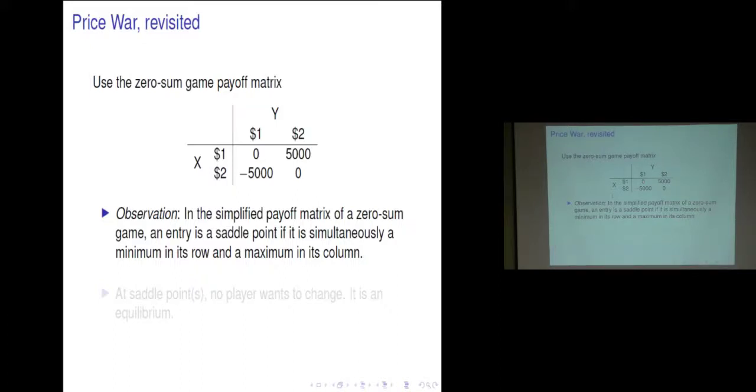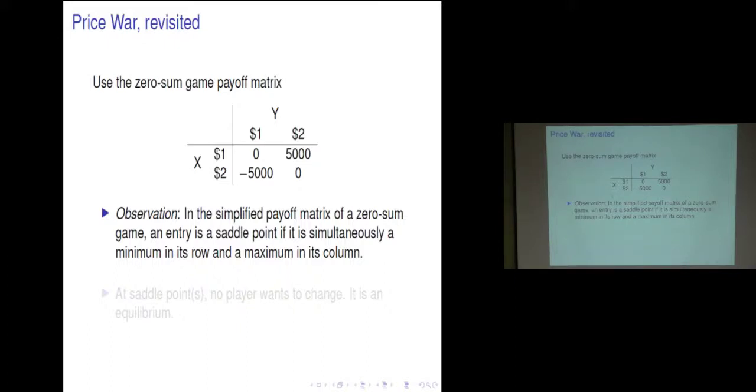We record the situation in a matrix. In this matrix, I only record the reward of X because this is a zero-sum game. If you know the payoff for X, then you know the payoff for Y, which is the negation of the payoff of X, because the total sum has to be zero.